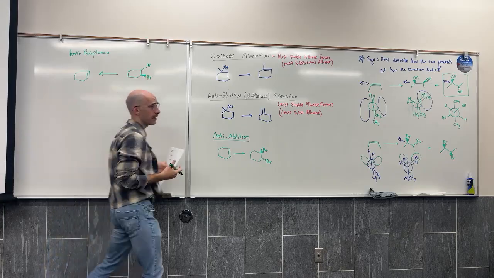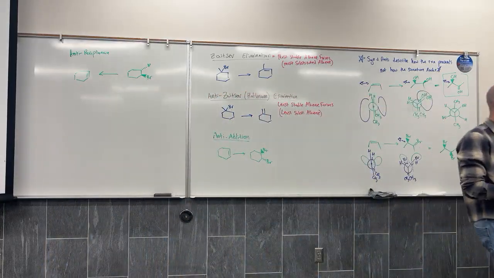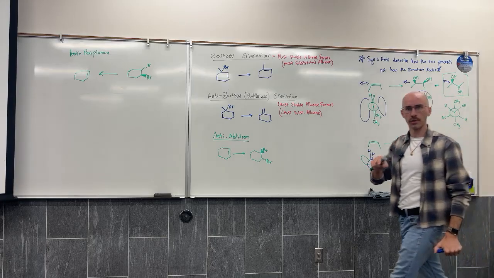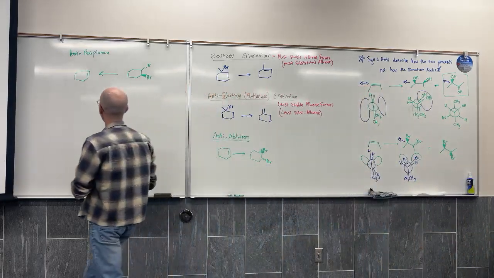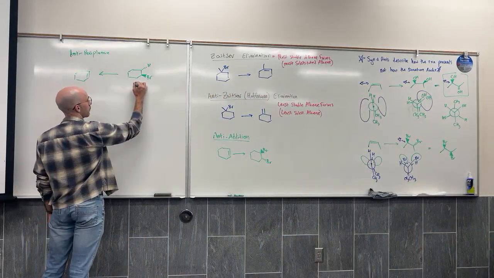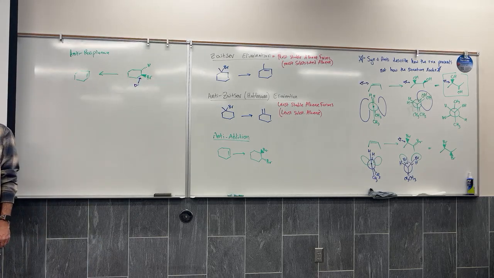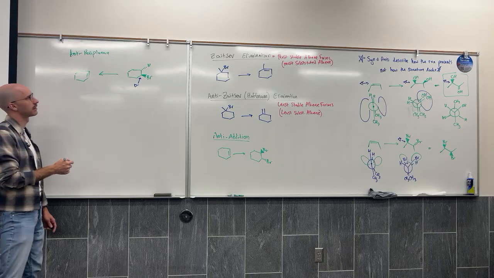Regardless, the anti-periplanar descriptor actually looks at two carbons adjacent to each other to see whether two groups are in the same plane and anti or not.